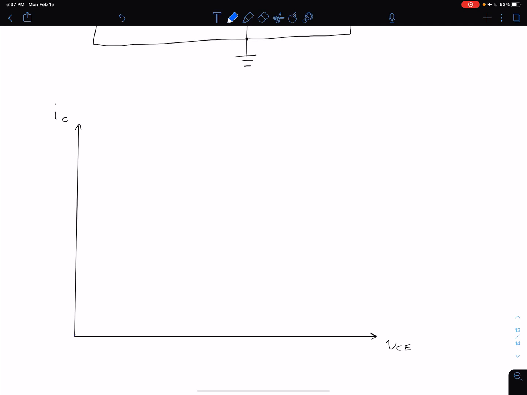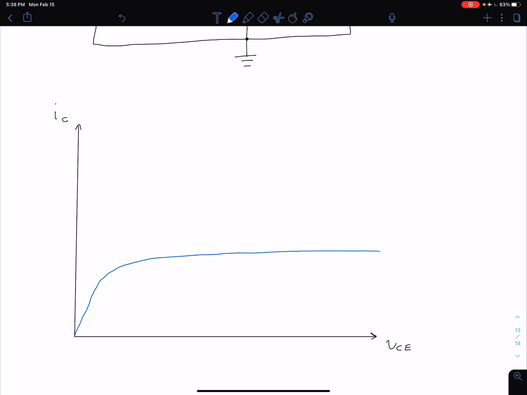We have some slope here, and then at a certain point we level off and it looks like this. Keep in mind we said that ultimately this transistor is behaving like a constant current source. To an extent, it doesn't depend on that base collector voltage just so long as it's reverse biased.